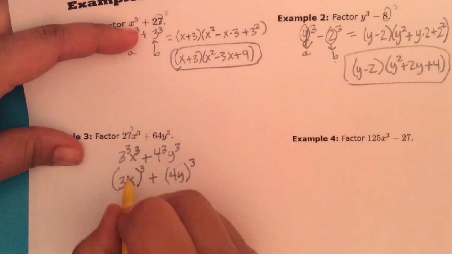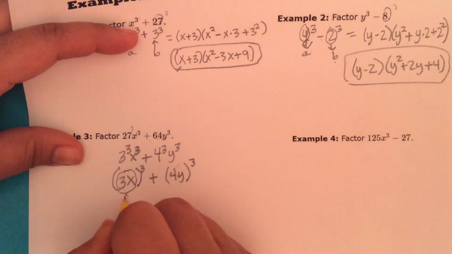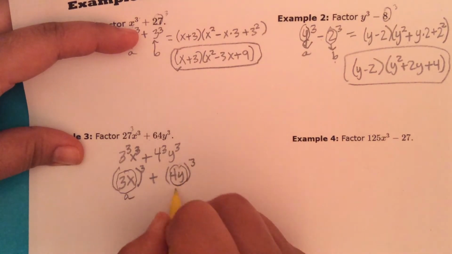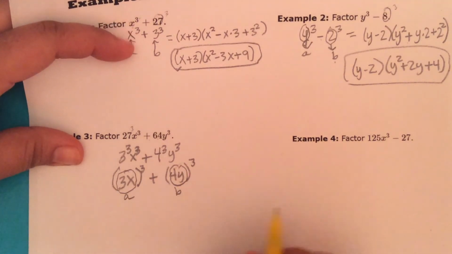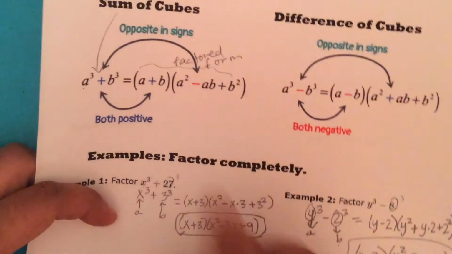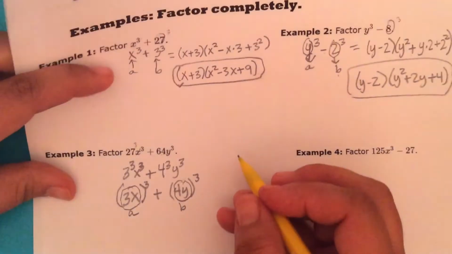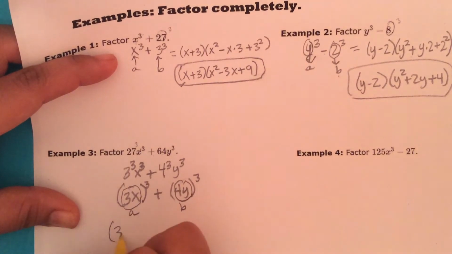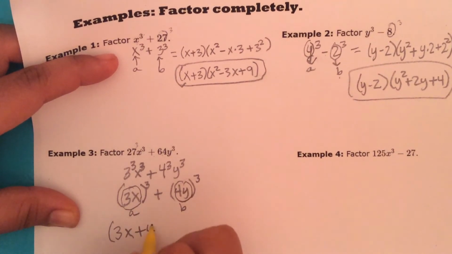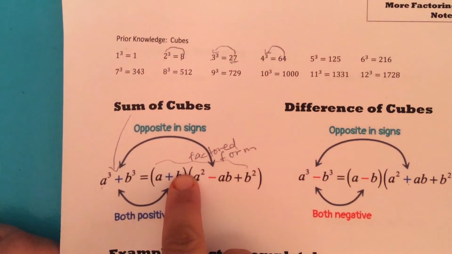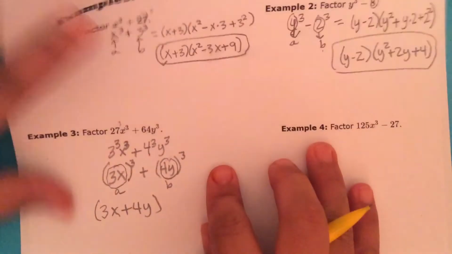Okay, so now all of this is your a and all of this is your b. And you're going to put it into the formula up here. This formula right here, the factored form formula. So you're going to do 3x plus 4y. No more cubes. Do you see a cube right there in a cube? No, no more cubes.